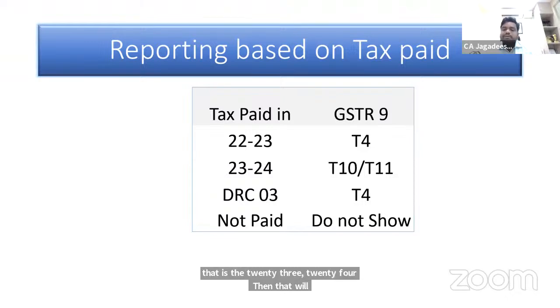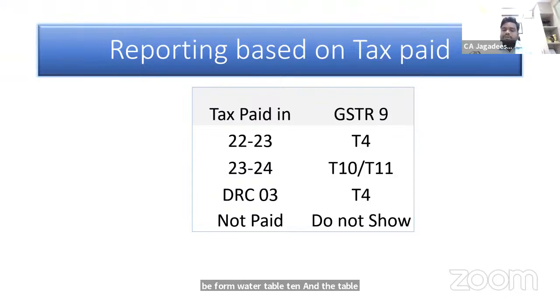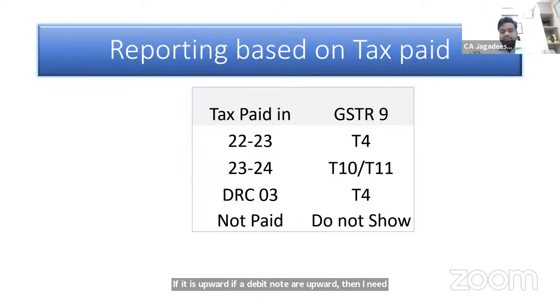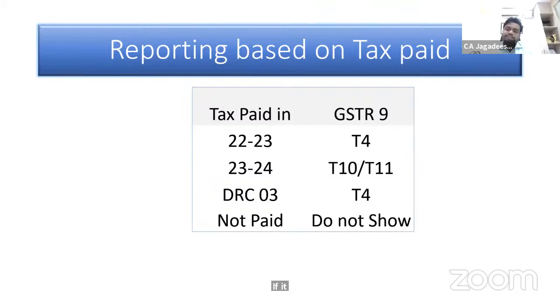If it is a debit note or upward, then I need to report in table 10. If it is a credit note, then I need to report it in table 11. And if I discharge the liability through DRC-03, in that case also it will form part of table 4, not table 10. If you discharge the liability in the subsequent year through DRC-03, even in that case you need to report it in table 4 only.